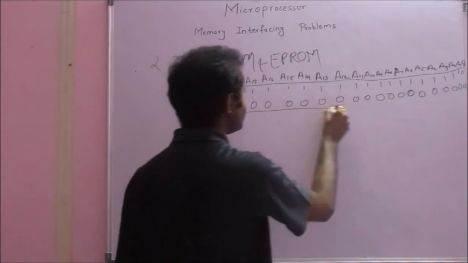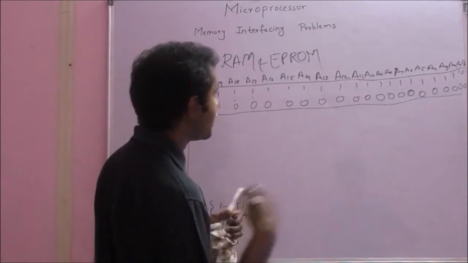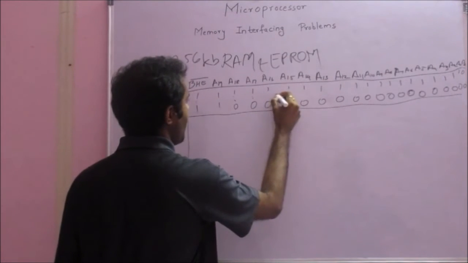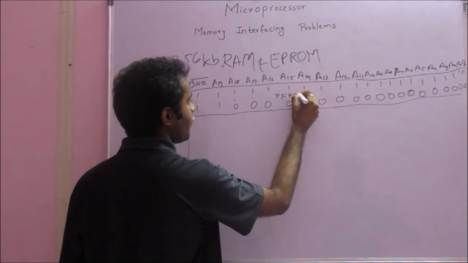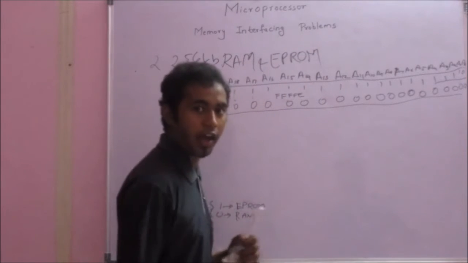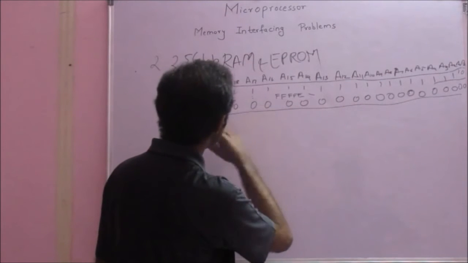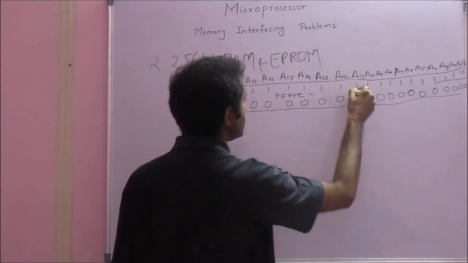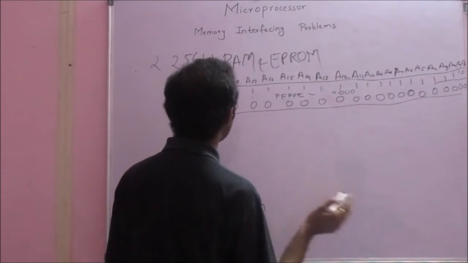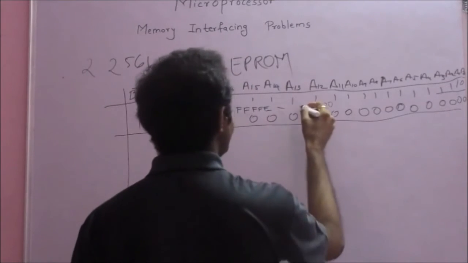So this is done. This is one set. Now we write where the set starts: it starts from FFFFE, because this is E. I hope you are clear with the binary. And it goes till 80000.